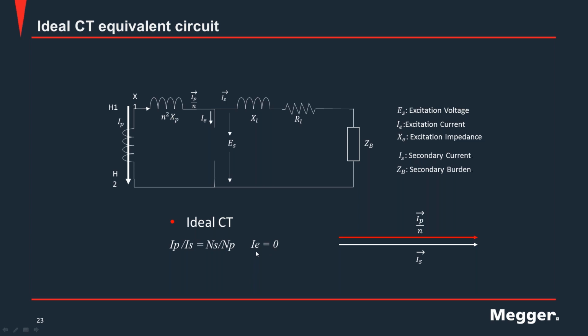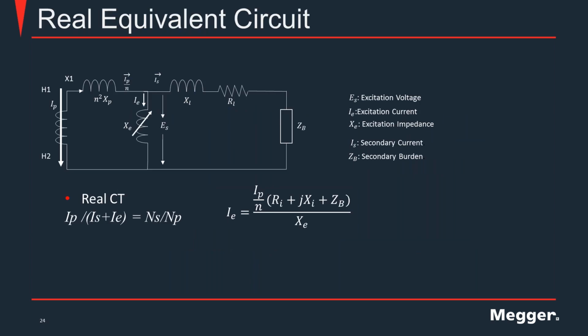But of course, in the real world, it's not ideal. In the real equivalent circuit, we have losses. We have errors, and that is caused by excitation current. So by using Kirchhoff's law, we have the primary current divided by the turns equal to IS plus the excitation current.